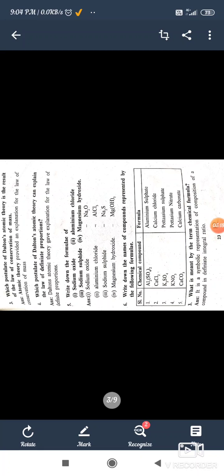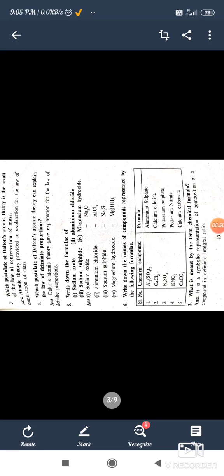Write down the formula of sodium oxide, aluminum chloride, sodium sulfide and magnesium hydroxide. What is the formula of these compounds? You know the difference between elements and compounds. Elements are pure substances made up of only one kind of atom, for example hydrogen, oxygen, nitrogen, sulfur, phosphorus.